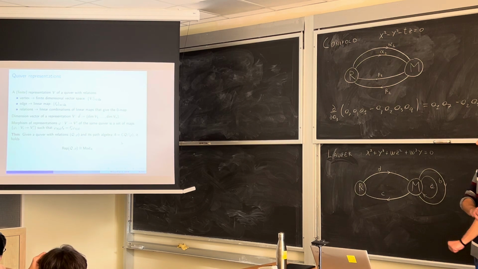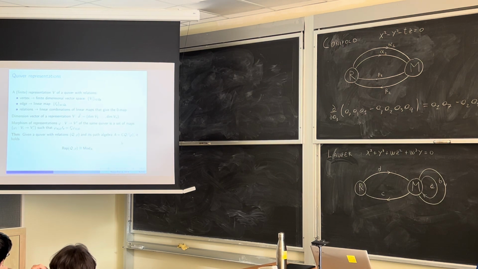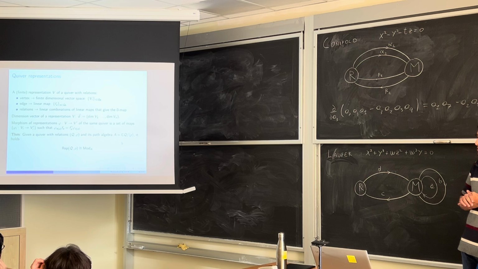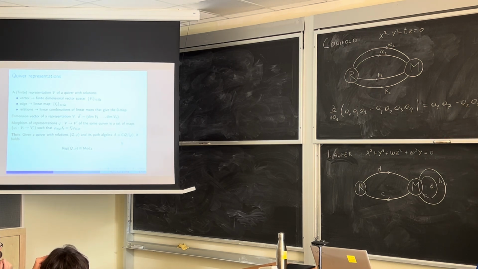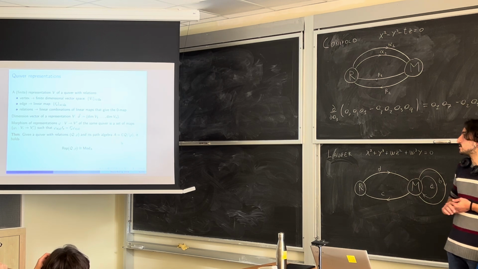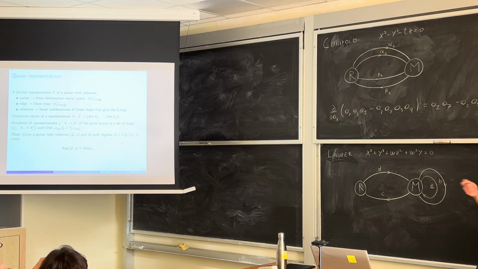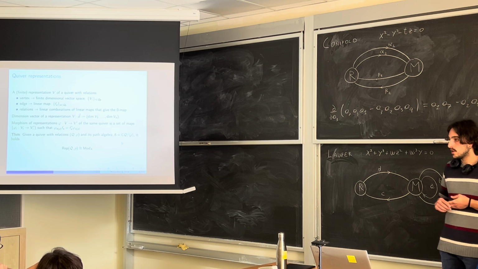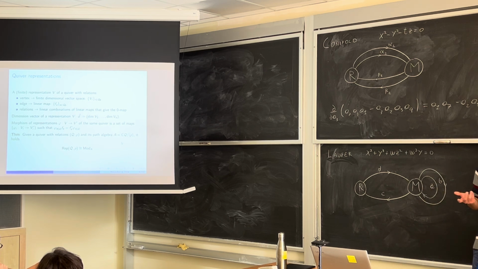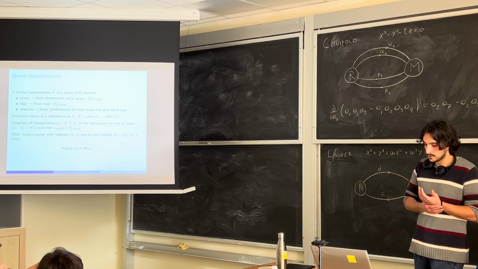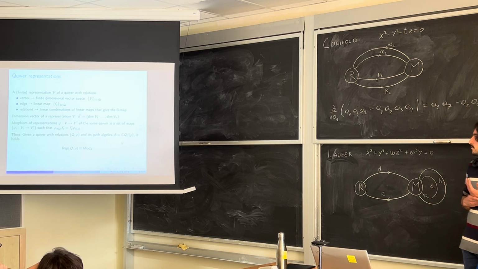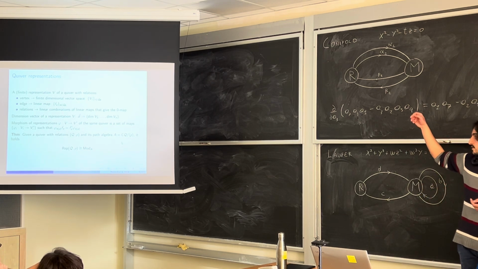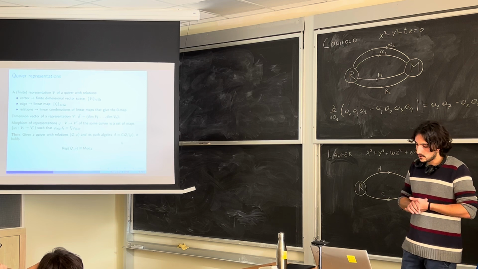Then I also recall the definition of quiver representation. For example, we have a finite representation in which to each vertex we associate this time a complex vector space, and to each edge a linear map. And the relations would be just a linear combination that produces the zero linear map. The dimension vector is defined as follows.